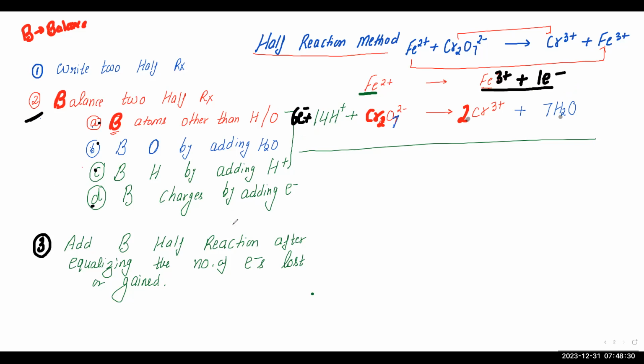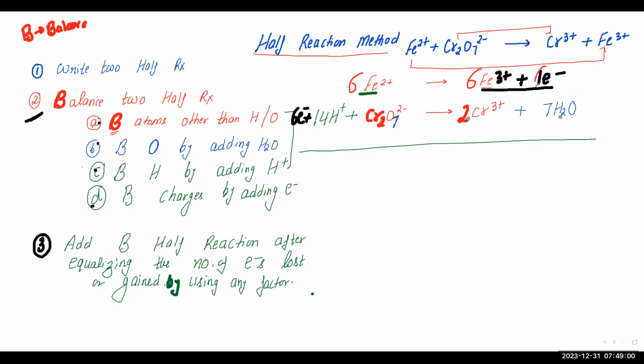So you are going to use a factor, a mathematical factor, any factor, depending upon how you have to balance. Like here, I want 6 electrons. My first equation should give me 6 electrons. So you know what I'm going to do? I multiply my first equation by 6.